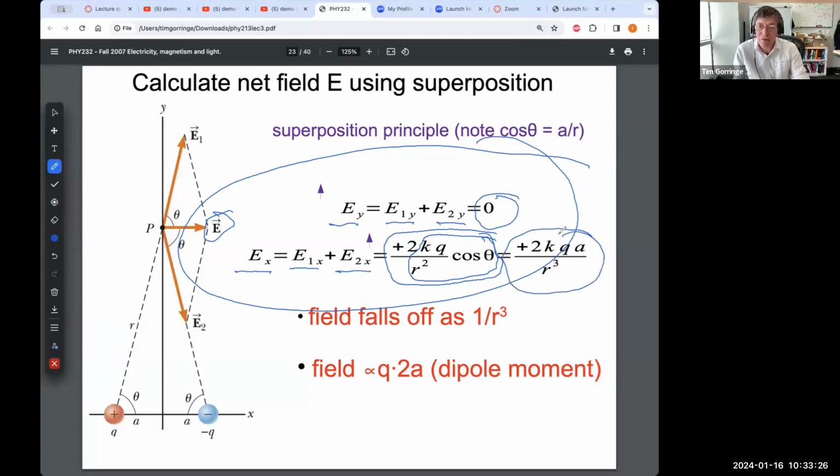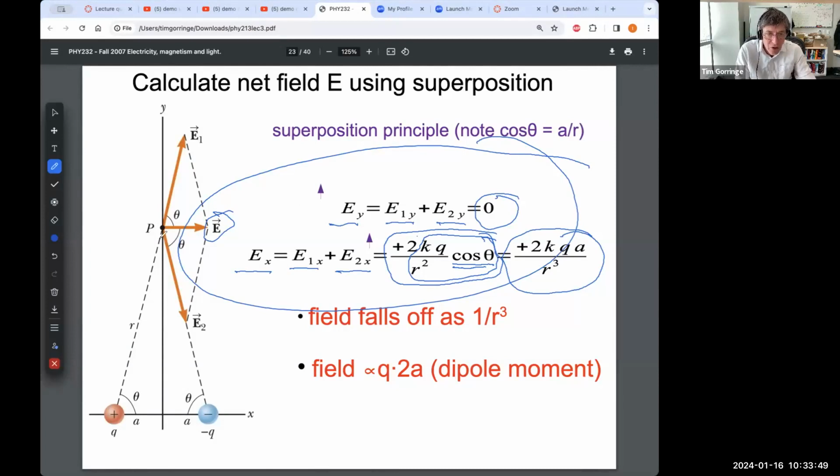Here I've rewritten that expression in an alternative way. Cosine theta, if you remember, is the ratio of the adjacent side of a triangle to the hypotenuse of the triangle.